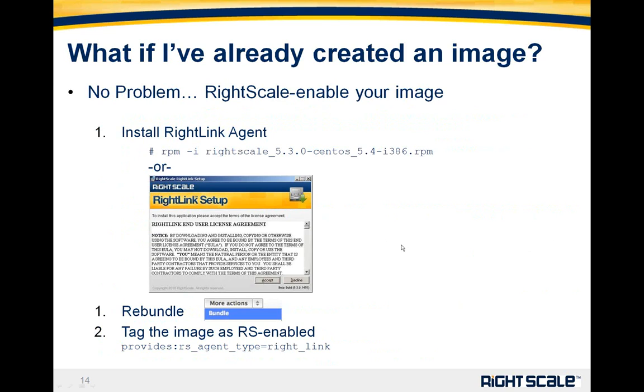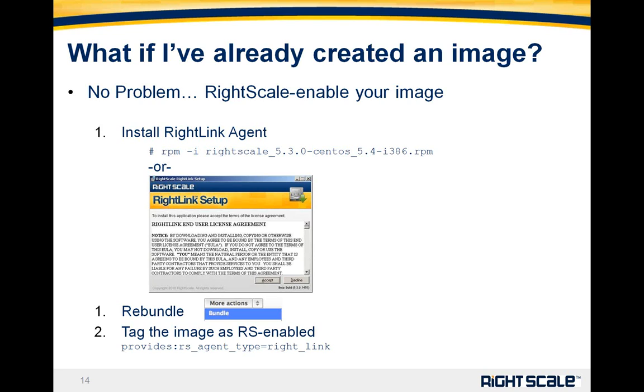One question that we receive a lot is, what if you've already created an AMI? A lot of you mentioned that you haven't used server templates, but you already have AMIs in production. It's not a problem. We've designed installers for our RightLink agent, which is the agent that we have baked into any of our RightImages that you use. We have it for both Linux and Windows.